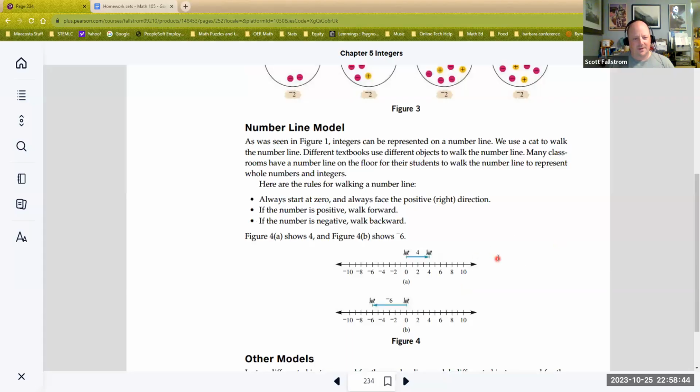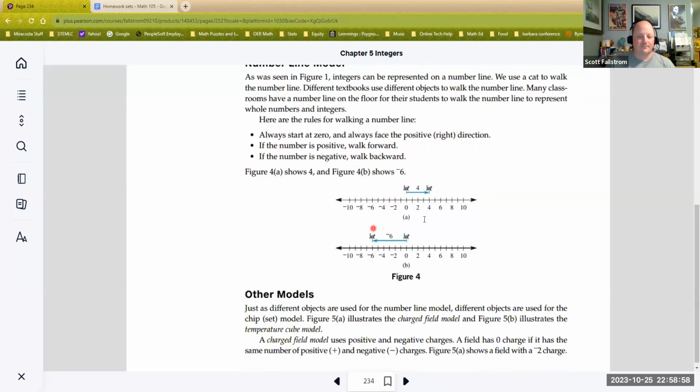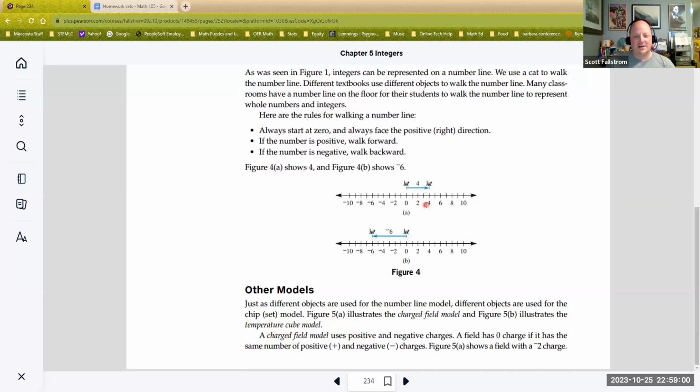Number line model. Here are the rules for walking the number line, all right? You start at 0 and you always face the positive, right direction. If the number is positive, walk forward. If the number is negative, walk backwards. Now, when they're talking about this, they're really talking about addition, or thinking about the initial number, which is fine.